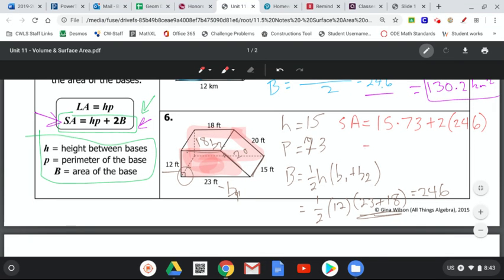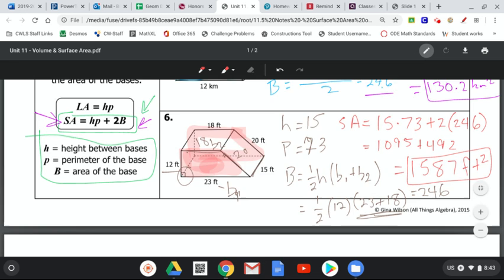So doing that, that gives us 1,095 plus 492. And then we get a total surface area of 1,587 feet squared. So that is our total surface area there.